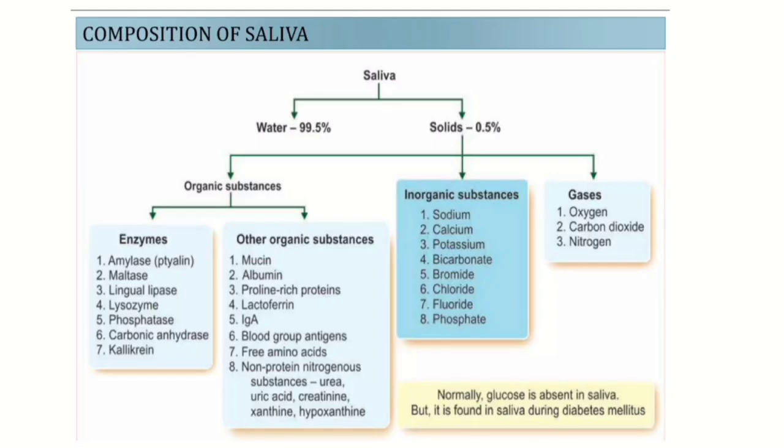Let's see the composition of saliva. Saliva is made up of water and solids. It contains 99.5% water and 0.5% solids, and in the solids there are organic substances, inorganic substances, and gases may be present.